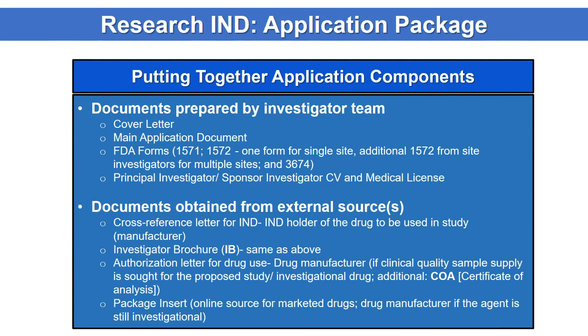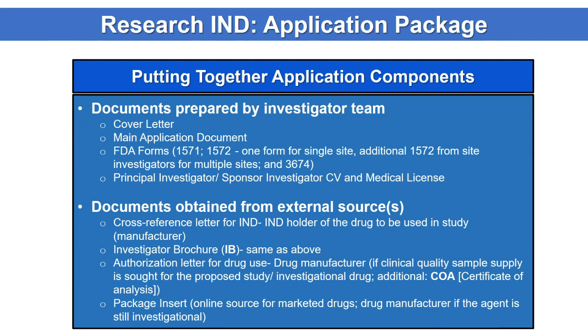Now let us turn towards the IND application package. The package will be assembled by compiling one set of documents prepared by the investigator teams and bringing a second set of documents from external sources.